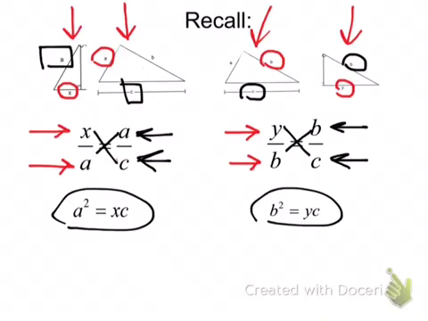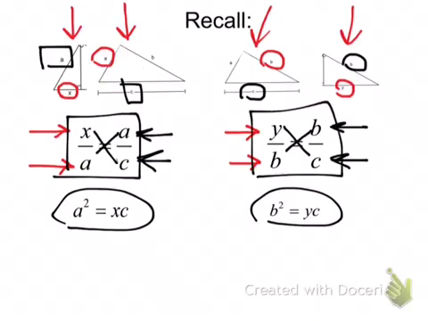Now let's add our information to our proof. The first thing we want to do is talk about the proportions. So let's put this proportion and this proportion into the next statement of my proof.